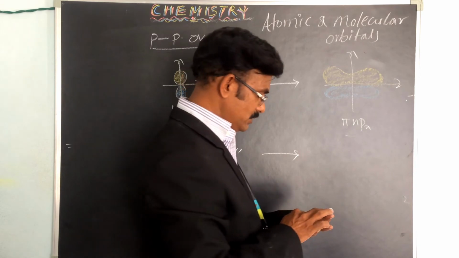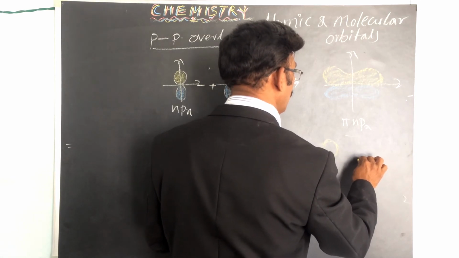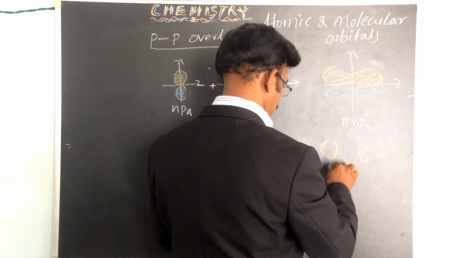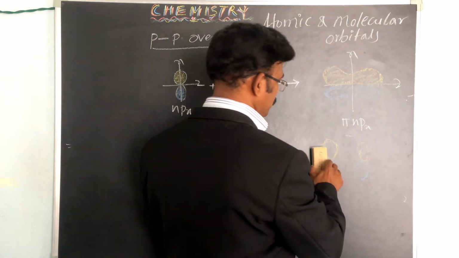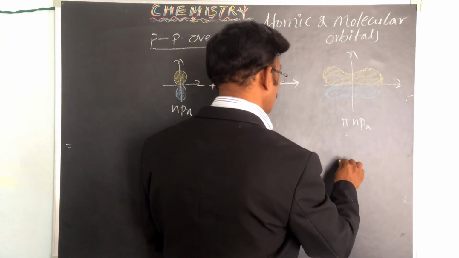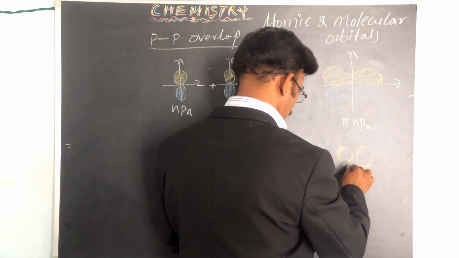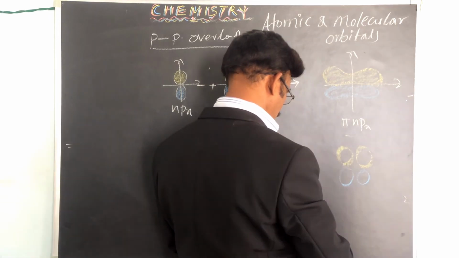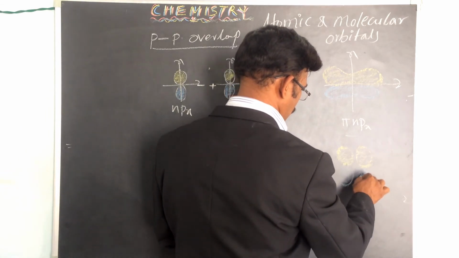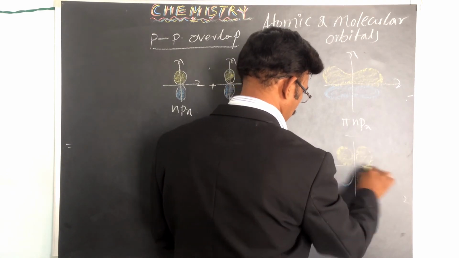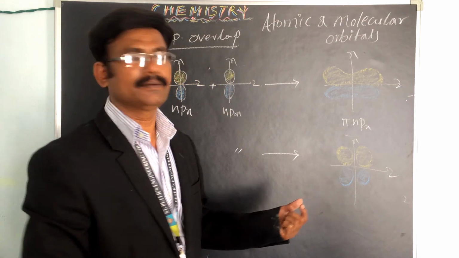So four different types here. So like this. This is the pi NPX.